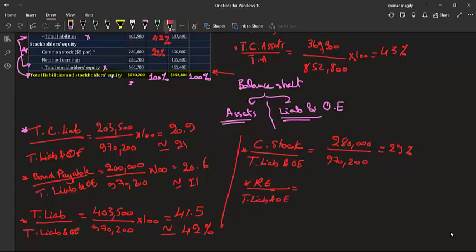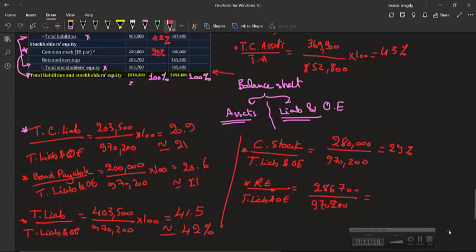So 28,700 divided by 970,200, we're going to get 30%.